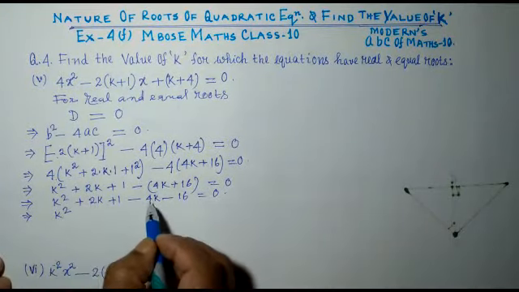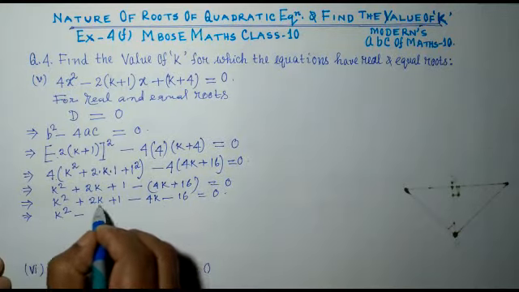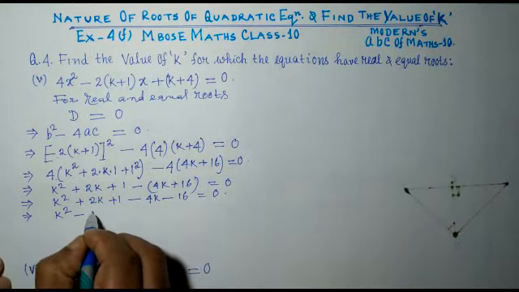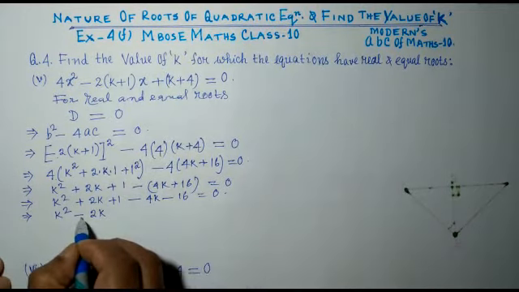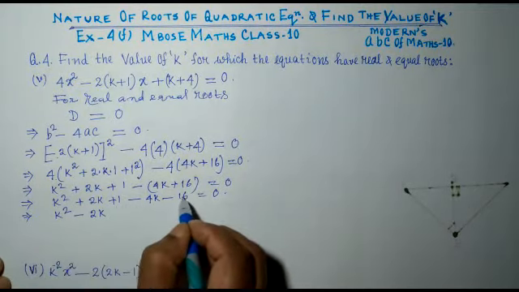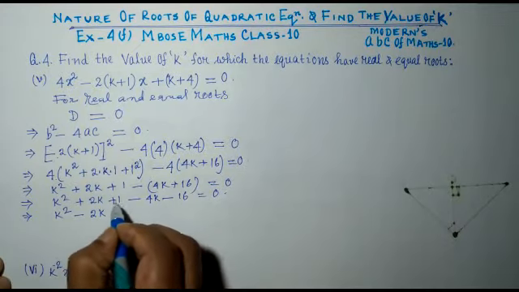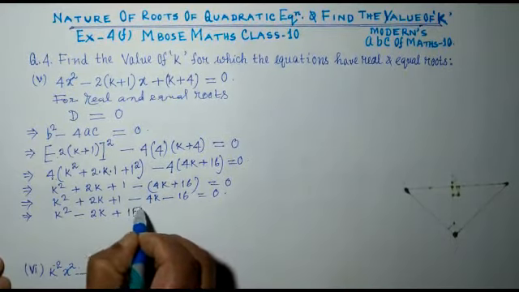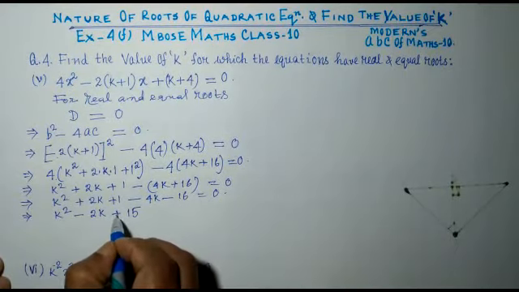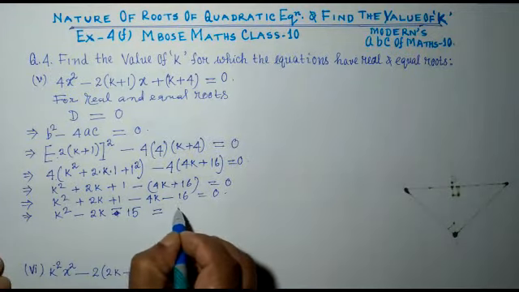So plus 2k minus 4k, if we subtract it will be 2k. The bigger number is minus, here is minus 2k. Plus 1 minus 16 will be, subtract 1 from 16, it will be 15, and the bigger number is minus, this will be minus 15, is equal to 0.